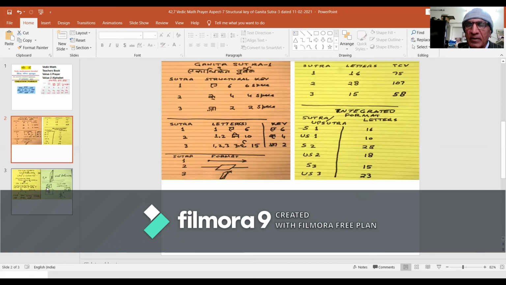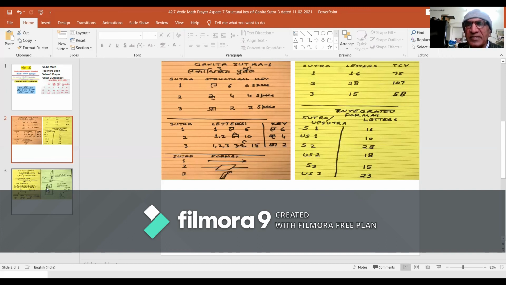Therefore, the integrated organization format of the sutras and upsutras comes to be Sutra 1, followed by upsutra 1, followed by Sutra 2, followed by upsutra 2, followed by Sutra 3, followed by upsutra 3, and so on. In this format, the numbers of letters make a column of values 16, 10, 28, 18, 15, and 20.